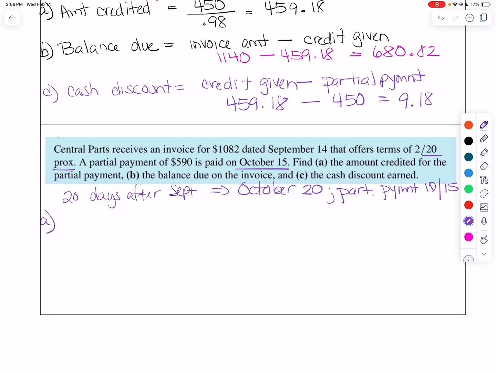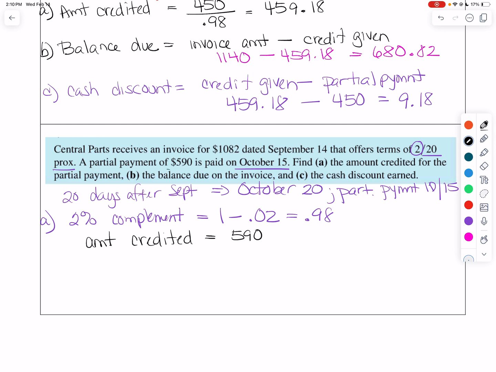For part A, 2%, because that's what it says right here, the complement is 1 minus 0.02, which comes out to 0.98. The amount credited is the partial payment of $590 divided by 0.98, which is $602.04.